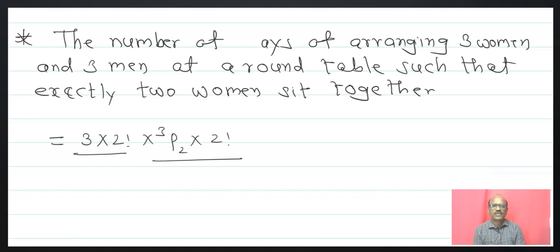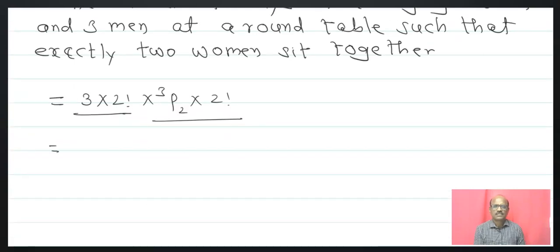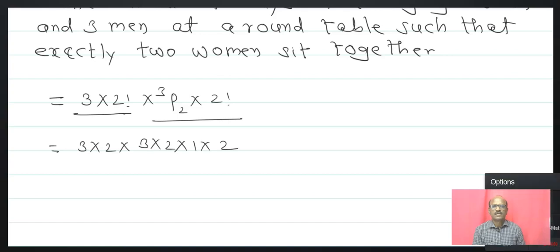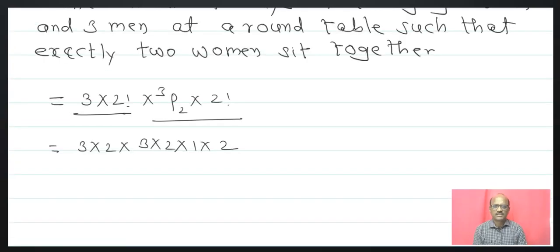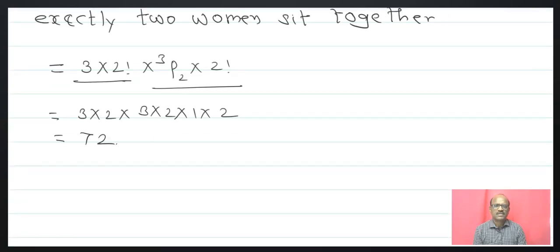That is 3 into 2 into 3 into 2 into 2. Therefore, their multiplication is 72.